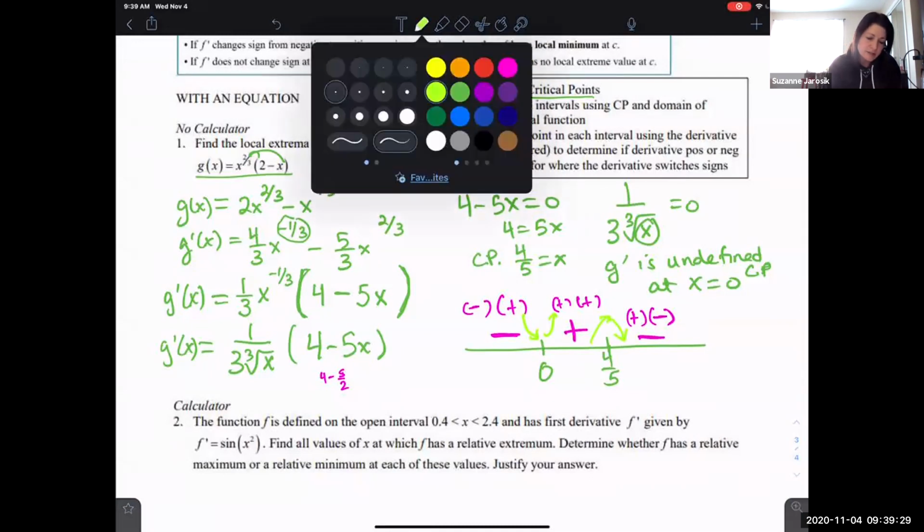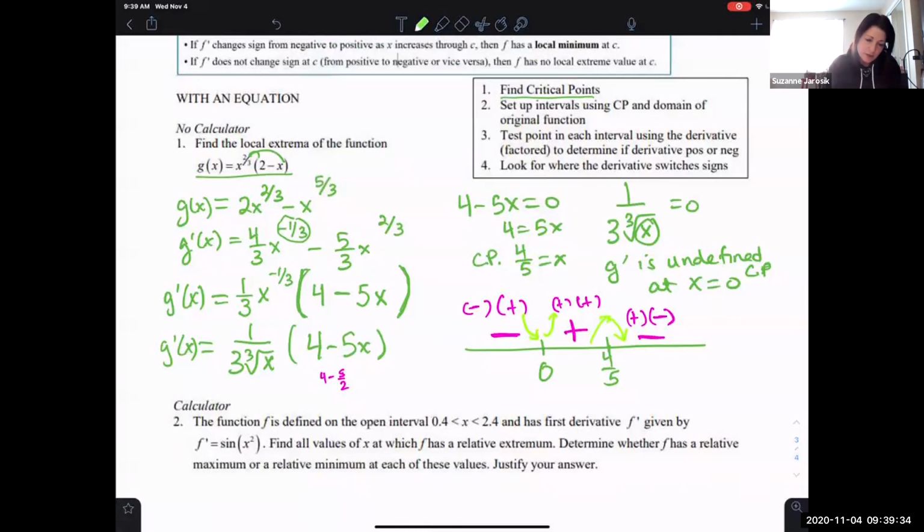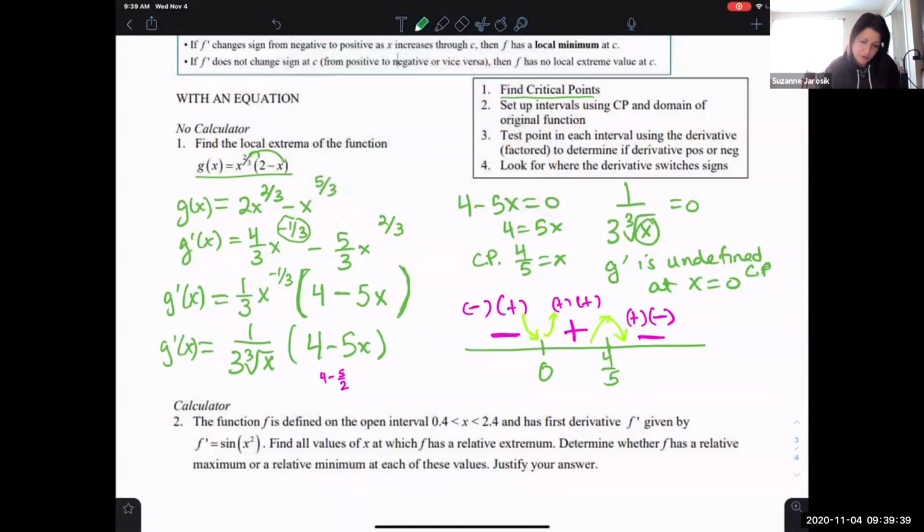So now we just need to write all of that out. Sorry about the changing of the colors, just so it stands out a little bit. So we have G has a local min at x equals 0 because G prime changes from negative to positive.